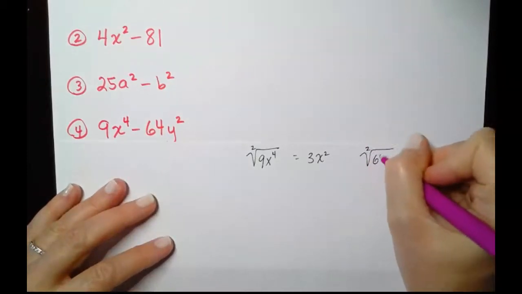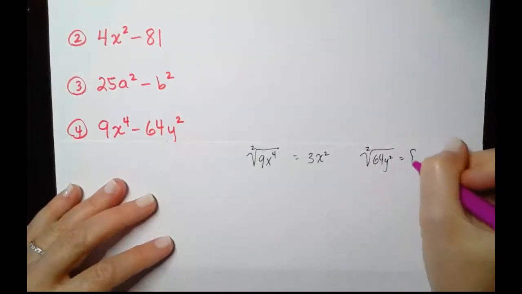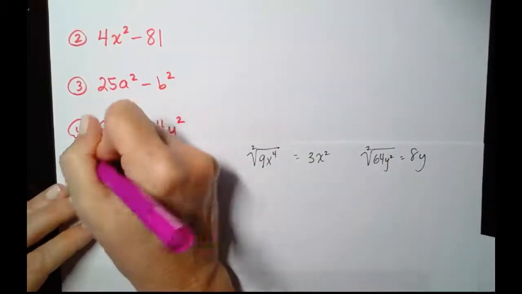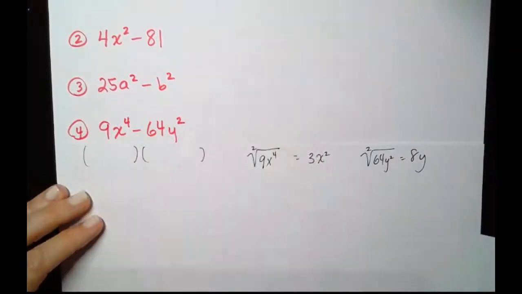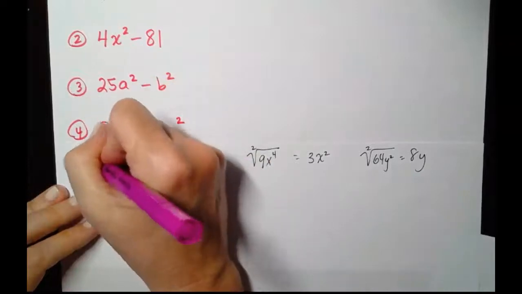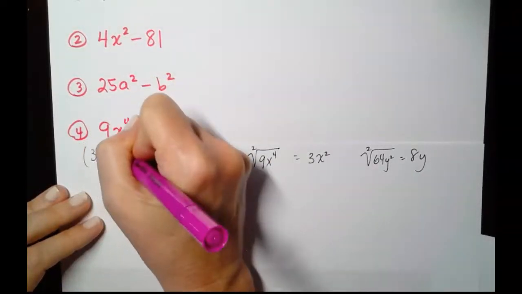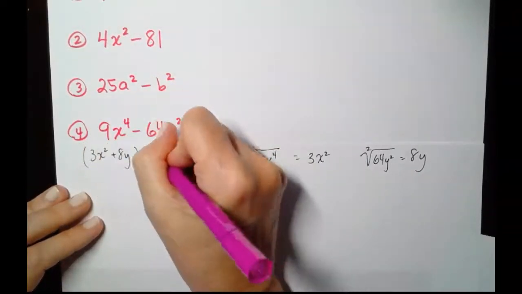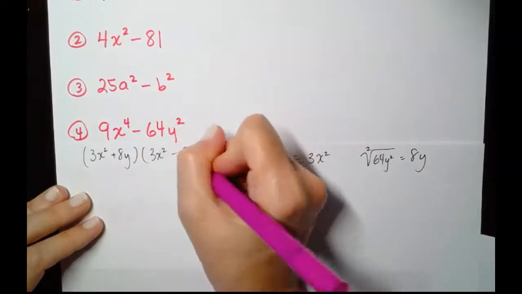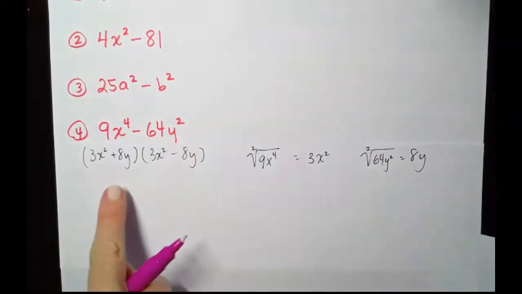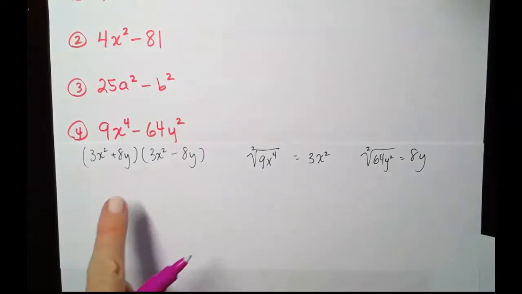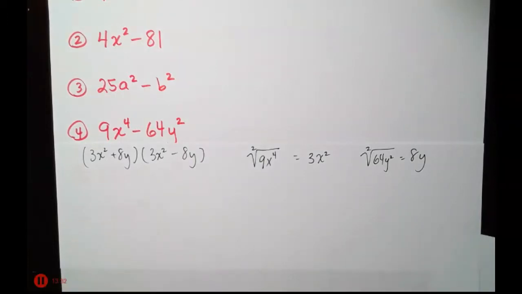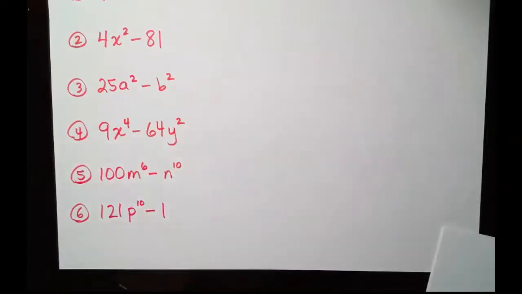The square root of 64y squared is 8y. So our factors of this difference of two squares, 3x squared plus 8y, 3x squared minus 8y. Remember, it doesn't matter what you put first, the plus or the minus. Just one has to be present. They need to be alternating signs. That's number 4.